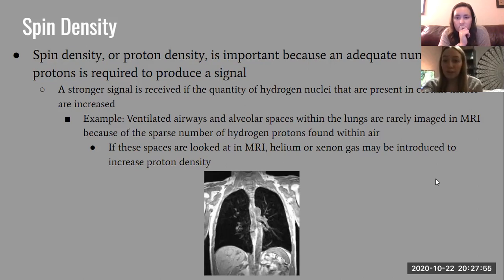They're very rarely imaged in MRI because of the sparse number of hydrogen protons found within air. If these spaces are looked at in MRI, helium or xenon gas may be introduced to increase proton density. This is just an image of the lungs if they were looked at in MRI.